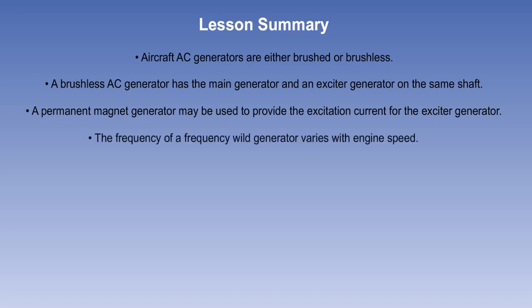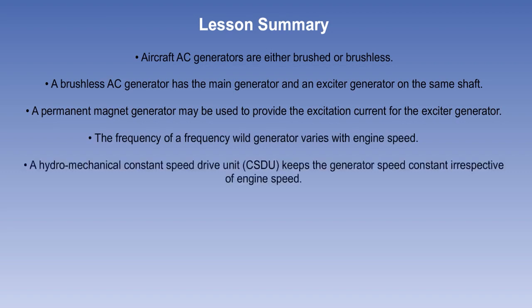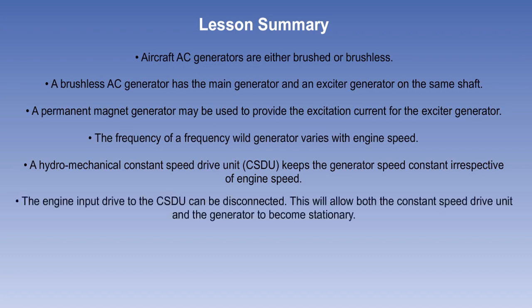The frequency of a frequency-wild AC generator varies with engine speed. A hydromechanical CSDU keeps the generator speed constant, irrespective of engine speed. The engine input drive to the CSDU can be disconnected. This will allow both the constant speed drive unit and the generator to become stationary.